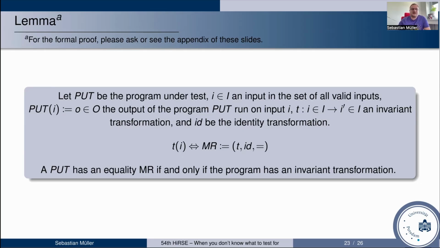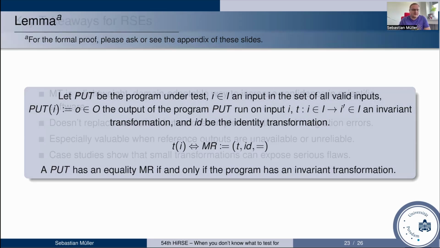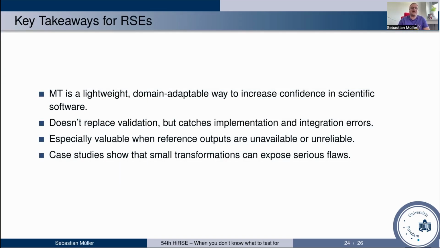And this might be an easier way of testing your software rather than applying this idea of the oracle function that we need to look at in the crystal ball. So I've talked for about half an hour now, and I'm coming to the end of this talk.